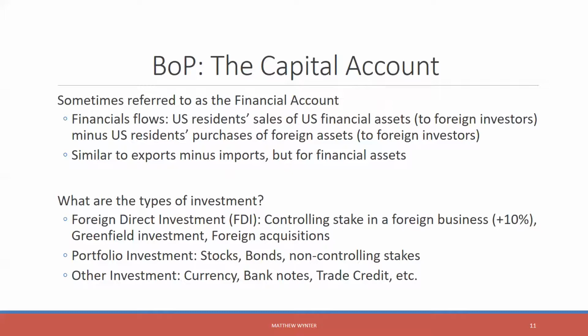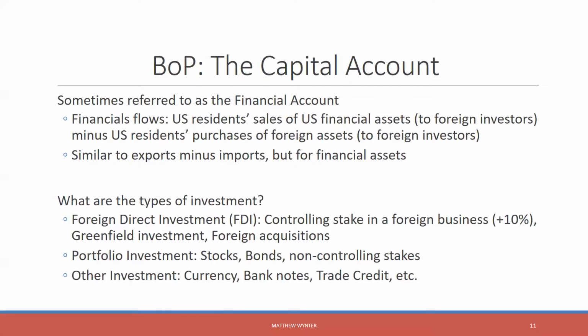If the firm decides that it wants to build a brand new facility, or if you're a parent and you have a sub and you want to expand into a country, you have a brand new investment. It's called a greenfield investment. This also includes a foreign acquisition, where a firm acquires a controlling stake, wholly owning another firm in a foreign country. Those are all different types of FDI.